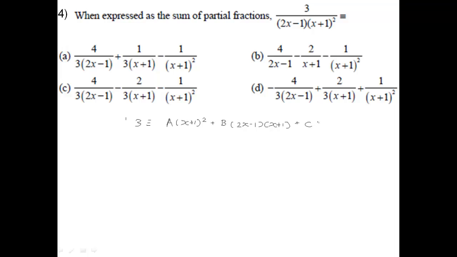It's already over x plus 1 squared, so it would just be 2x minus 1.